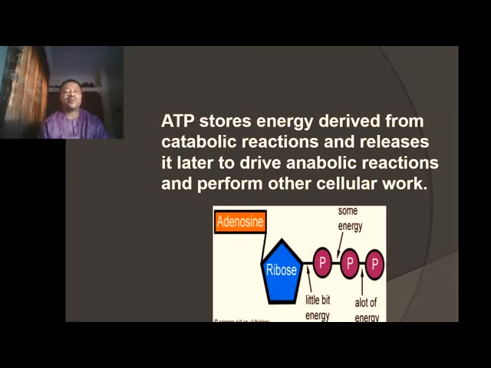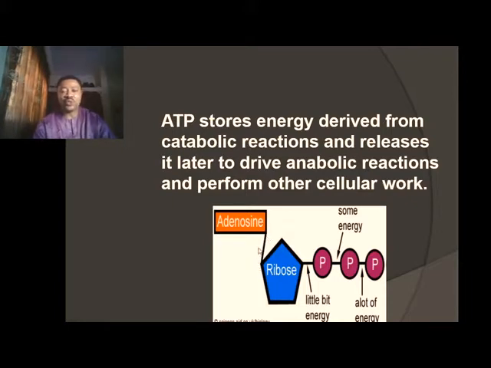In that sense, we would say that the anabolic and catabolic reactions in every system are coupled to each other, and ATP is acting as the coupling agent, the intermediate compound. What we have here is not really the structure, but a representation of ATP. ATP, as we know, is adenosine triphosphate.